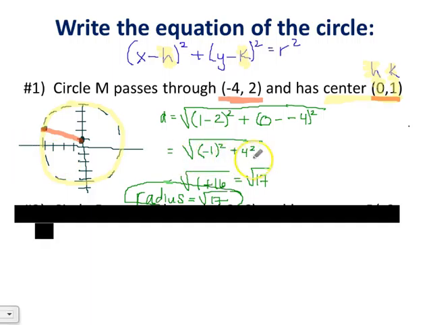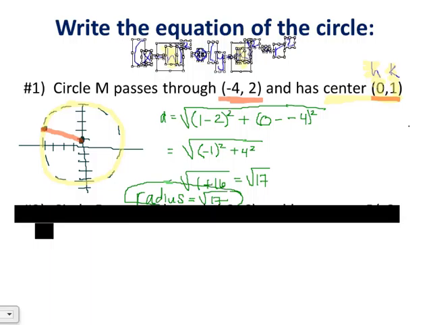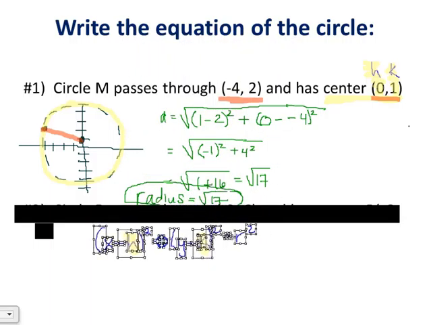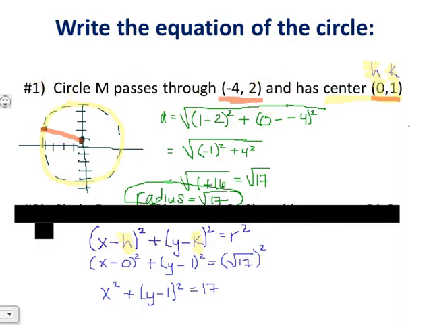Okay, so we know that the radius is square root of 17. So now we're ready to plug things in, right? Let's pull this down here and start substituting in our given information. Here's our equation for a circle.